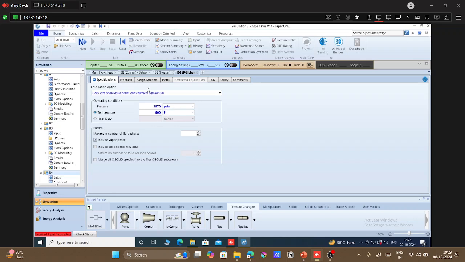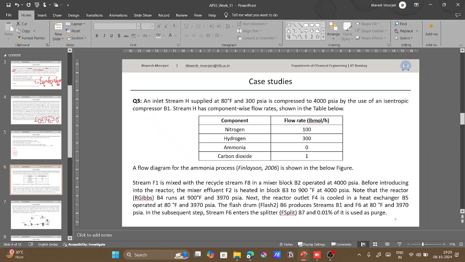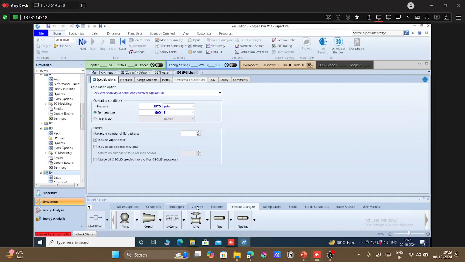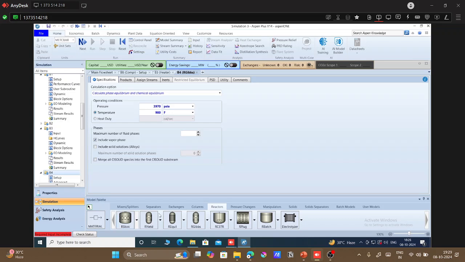Since it's our Gibbs reactor, it will use the Gibbs free energy to compute the equilibrium conversion, so we don't have to provide a reaction here. If you recall all the reactor models that we have done so far, these 3 models do not need kinetic data; our Gibbs does not need a reaction part.